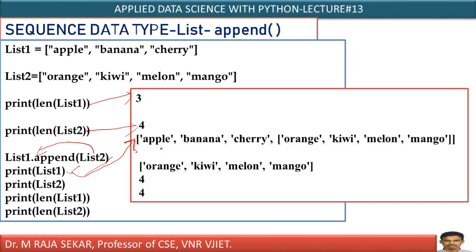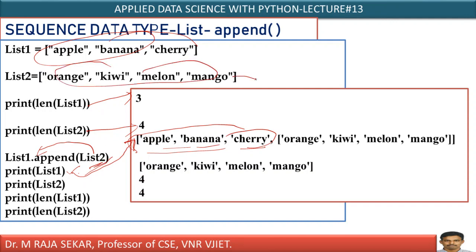The original list is apple, banana, cherry. Now we appended list 2. What is our list 2? This one is appended, isn't it? List 2 is appended into list 1. Now, if you display list 1, list 2 remains the same: orange, kiwi, melon, mango.